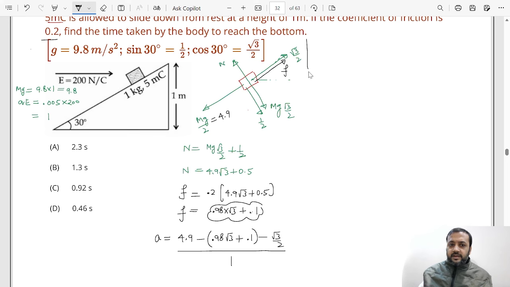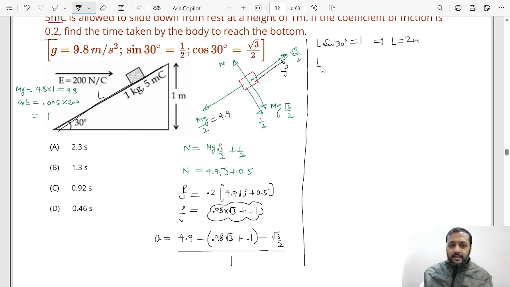And now since we have to find the time taken by the body to reach the bottom, look, this distance, if I say it is L, which is the displacement of the block, equals the hypotenuse of the triangle. So clearly L sin 30 is equal to 1. This is the height of the inclined plane, which is 1. So that means L becomes 2 meters.